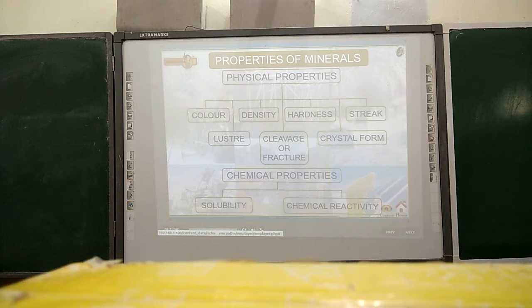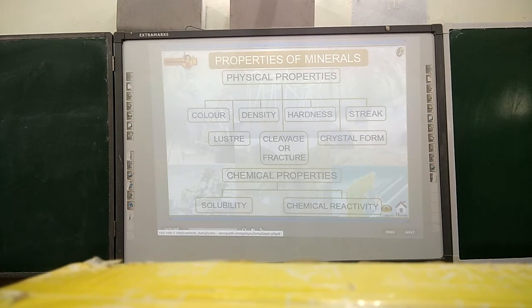When you talk about chemical properties, number one is solubility and second is chemical reactivity. Based on these two factors, these are the characteristics of the chemical properties of a mineral.